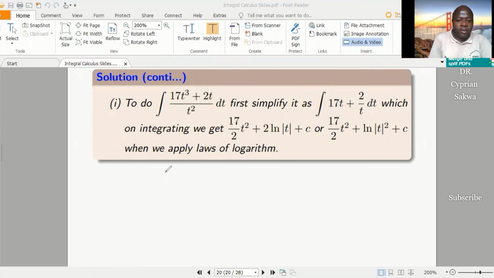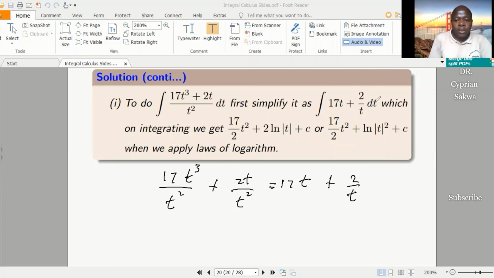So when you take 17 t cubed divided by t squared, and then plus 2t divided by t squared, this part will give you 17t, and this other part will give you 2 out of t. So first simplify it as 17t plus 2 out of t dt.